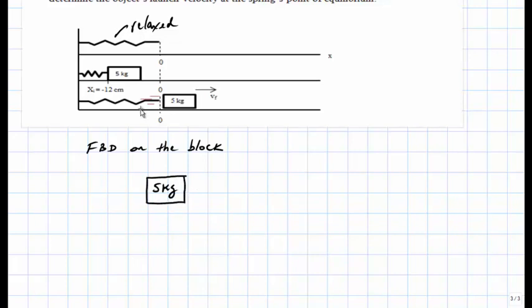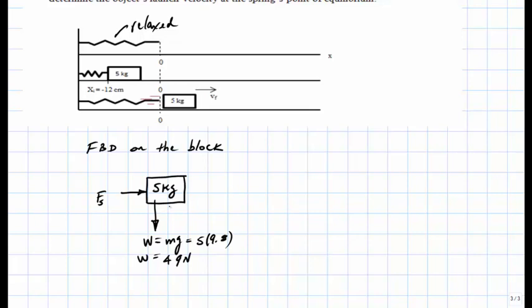And we notice that the spring is pushing the block towards the right with a force that we will label as F sub S. The block has a weight, which we will label as W. Of course, that equals M times G, which equals 49 newtons.